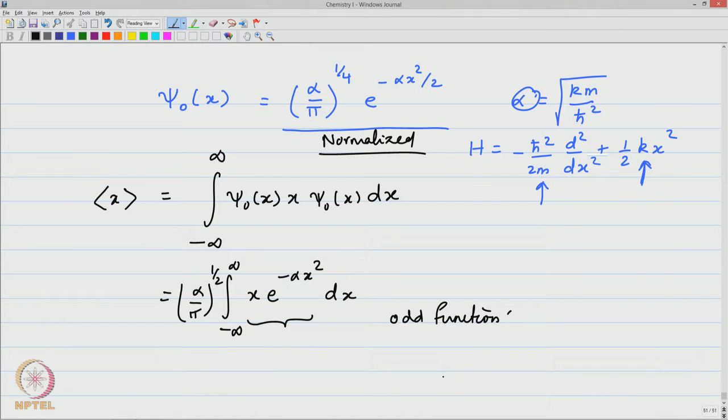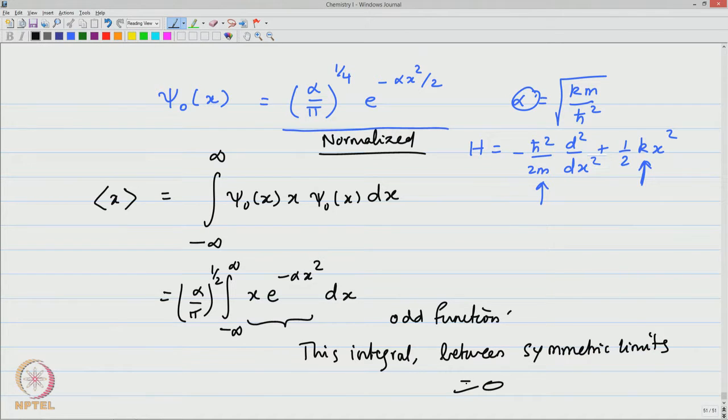Therefore, this integral between symmetric limits, minus a to plus a, minus infinity to plus infinity, is 0. Simple. What is an odd function? f of x is minus f of minus x. Therefore, this integral goes to 0.